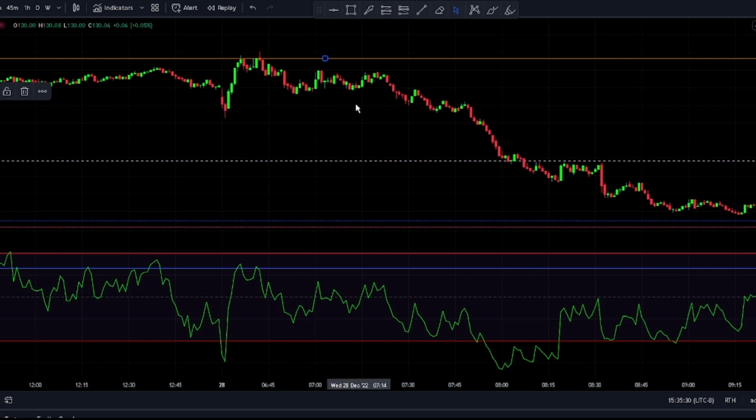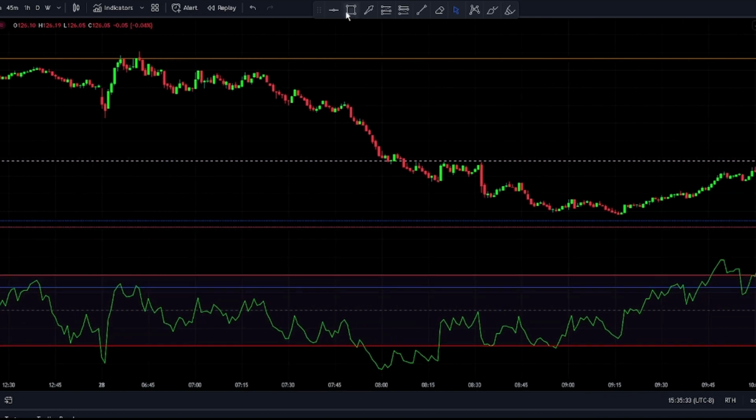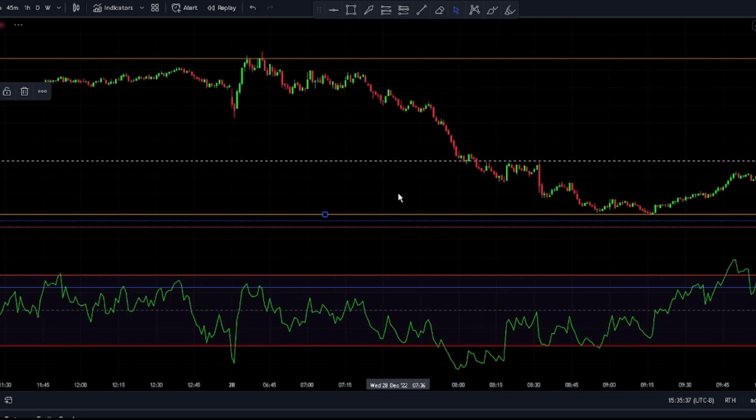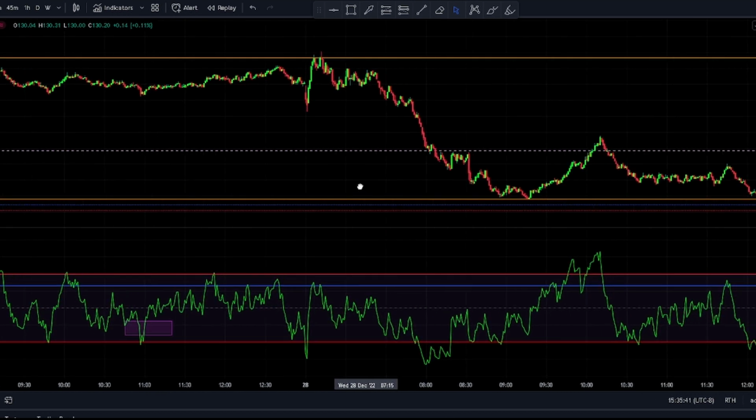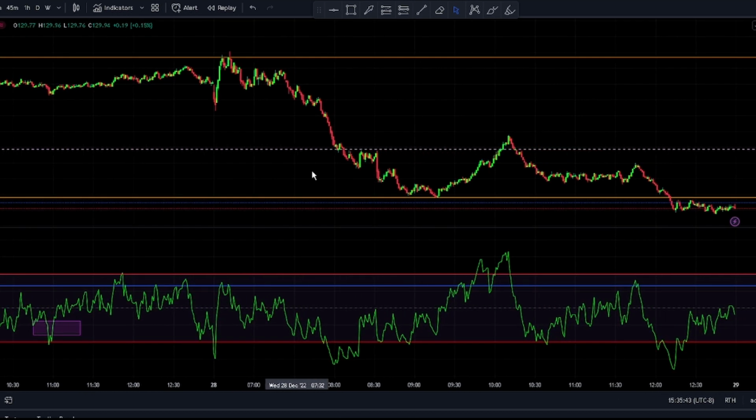So this is what we see now. I'm going to draw my support lines. These are the supports that I recently see, and remember, we want to go with the support that has been strongest and most recent.